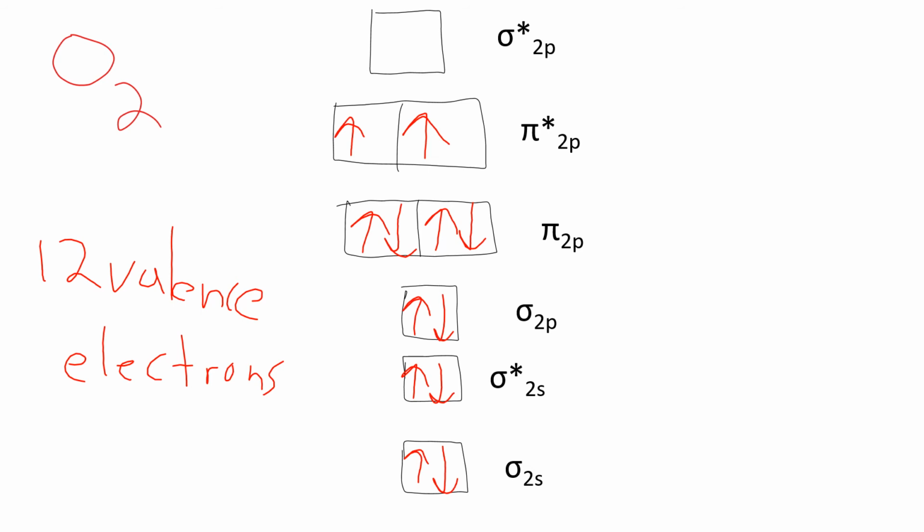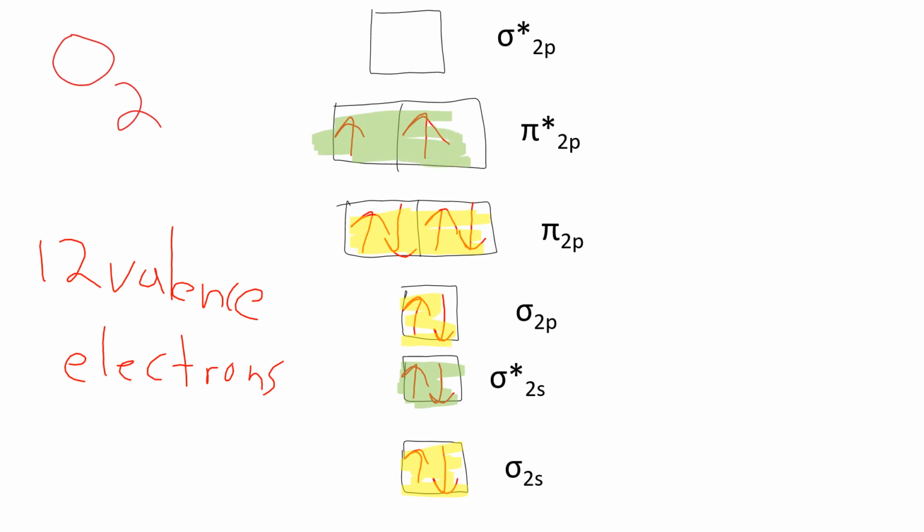If we're doing the bond order for O2, we want to compare our bonding electrons to our anti-bonding electrons. I highlight our bonding electrons in yellow, 2 there, 2 there. These pi 2p are bonding. We would have 8 bonding electrons. Highlighting our anti-bonding electrons in green, 2 there for the sigma star 2s, and these pi star 2p are also anti-bonding.